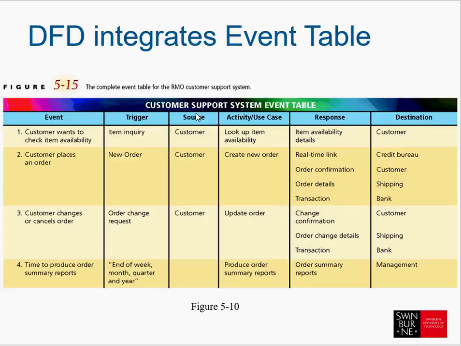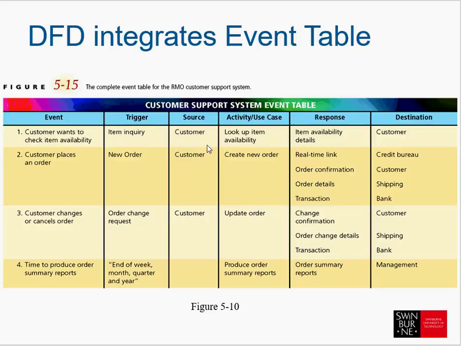For the existing system, these are the system events captured by the business analysts using an event table. They have identified 4 events for the customer support system, and as part of this event table, they have identified use cases or activities that respond to these events. One of these use cases is look up item availability, or search item availability.